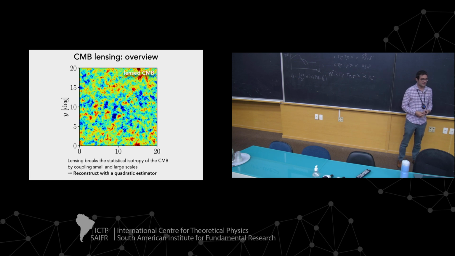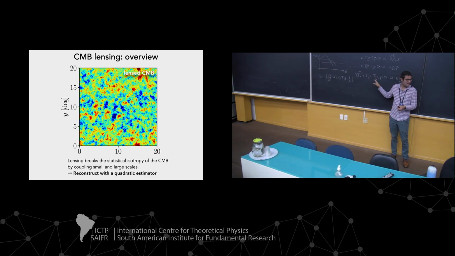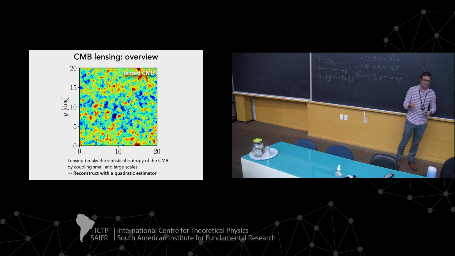Those are the Bayesian lensing reconstruction or iterative lensing reconstruction approaches, where instead of just building an estimator for kappa from quadratic combinations of the map, you are actually writing the full likelihood, where you say my observed map is the sum of the lensed CMB plus noise. The lensing is a Gaussian field, and the unlensed CMB is a Gaussian field. So you can write a full likelihood at the map level.